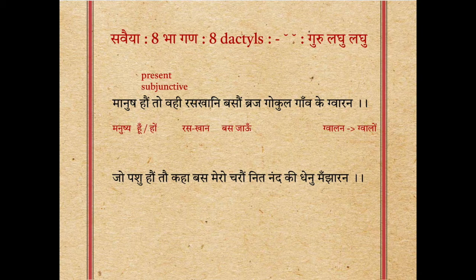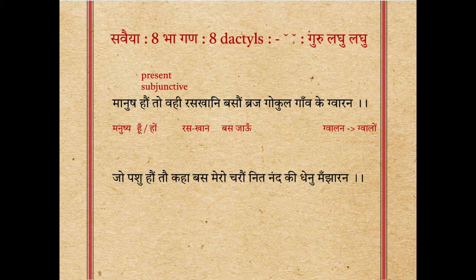As I mentioned earlier, early Hindi poetry tends to be very dense and telegraphic, and so postpositions are often left out. But the na at the end of Gwaran tells us that we should infer that there's some kind of postposition or relationship there, that this is in the oblique case, and that it is plural. So cowherds.